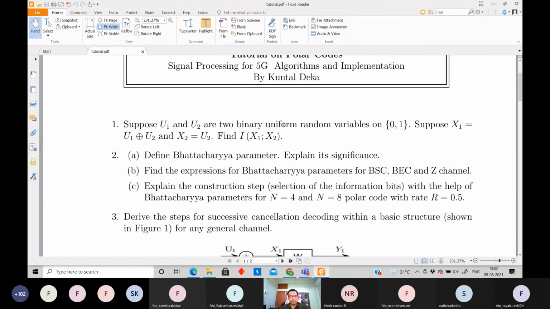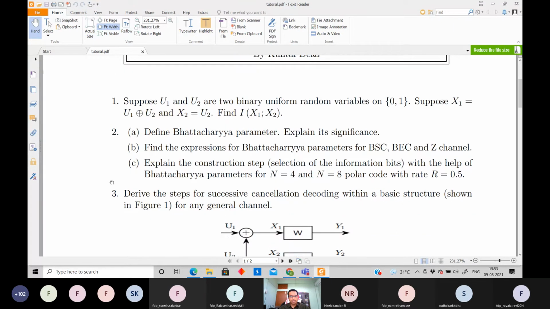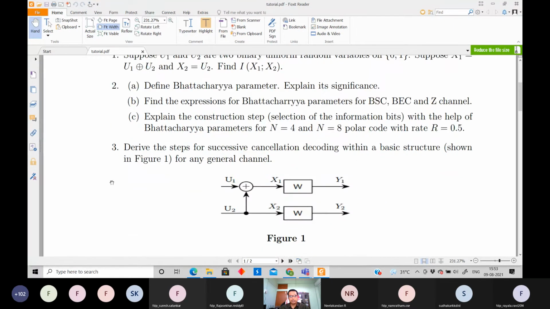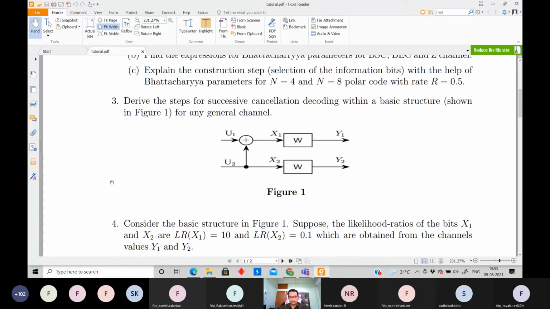The first question is about the concept you are using, that U1 plus U2 and U2 are independent. The second question is about the construction of the polar codes, how to select the frozen bits and the information bits. And question number 3 is to derive the steps for successive cancellation decoding for any general channel.